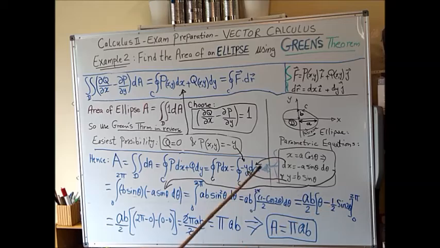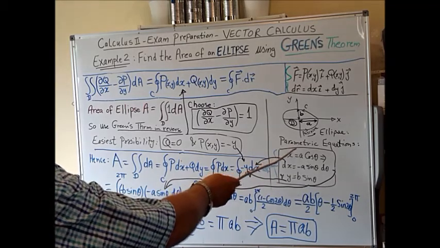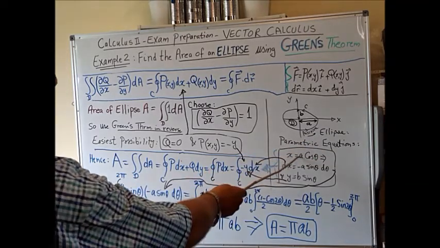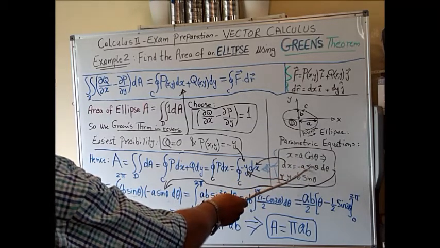The easiest way to do the integration for a line integral in this case is to use parametric equations for the ellipse, which are x equals a cosine theta, y equals b sine theta, and dx is minus a sine theta d theta.